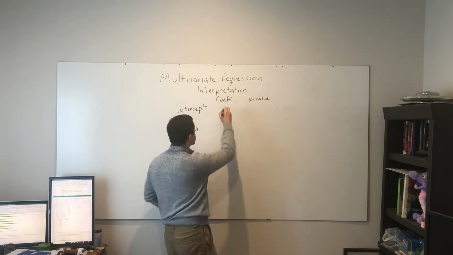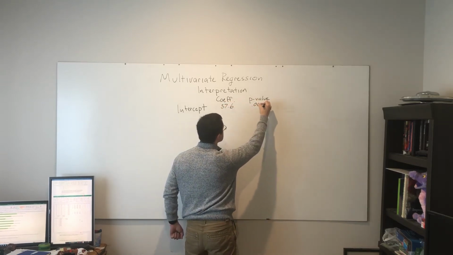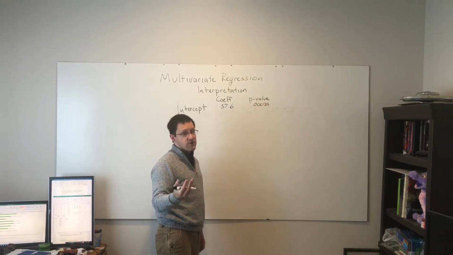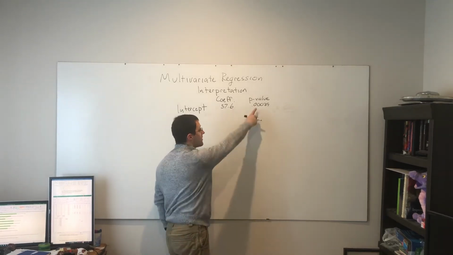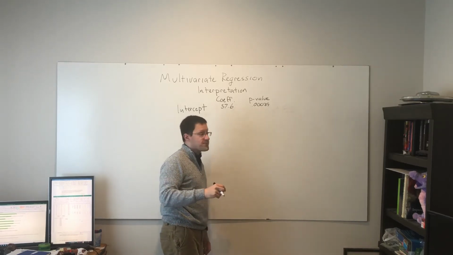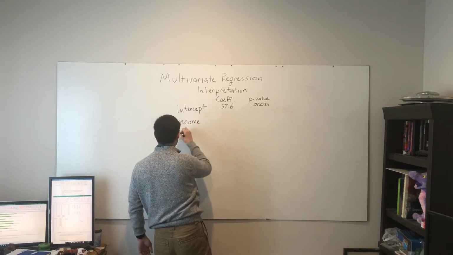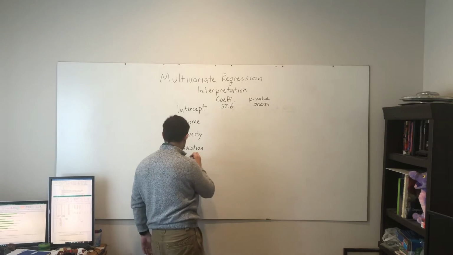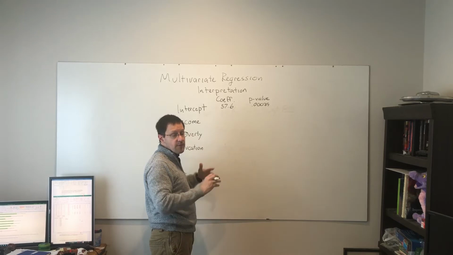So we still have, for the intercept, just to put some values there, our coefficient of the intercept, that beta 0, and its associated p-value. So I may have things like looking at many things at once.